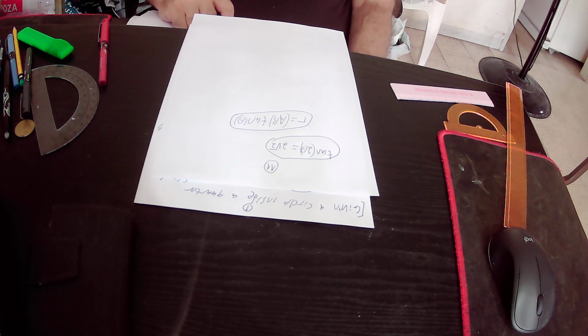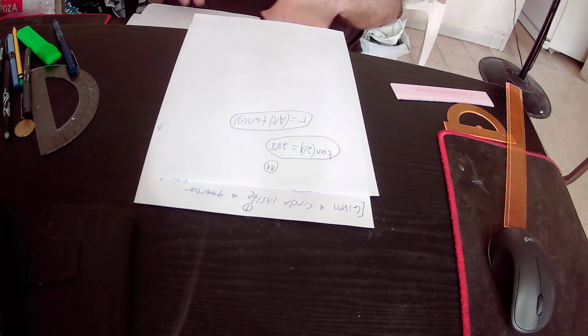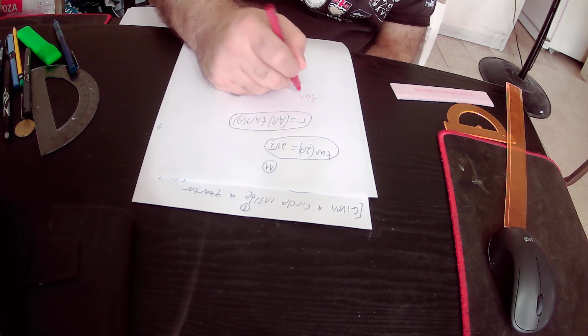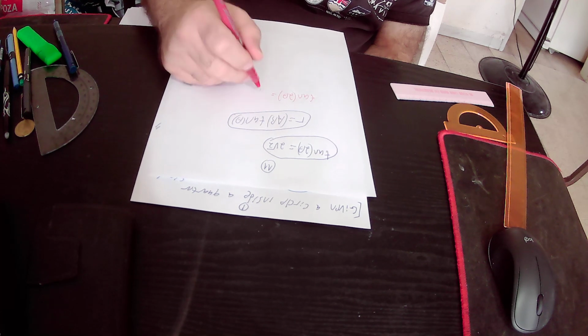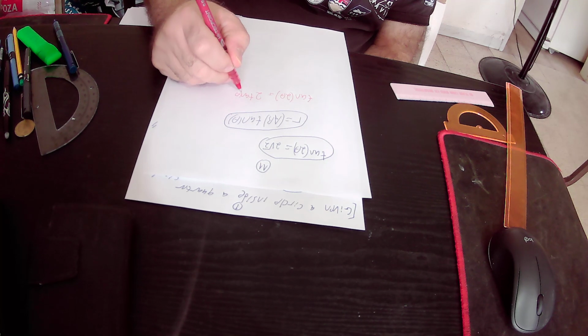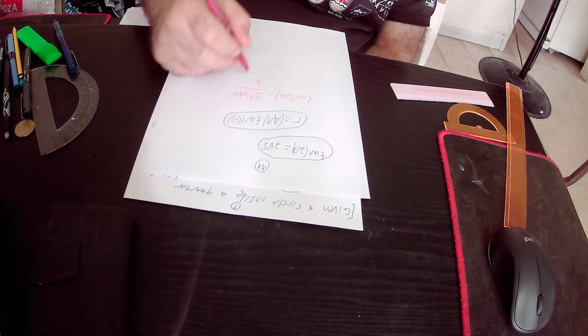The identity states that tangent 2 theta equals 2 tangent theta over 1 minus tangent square theta.